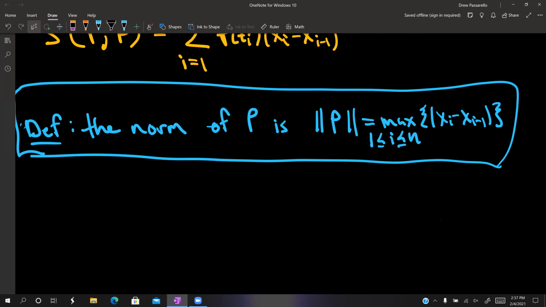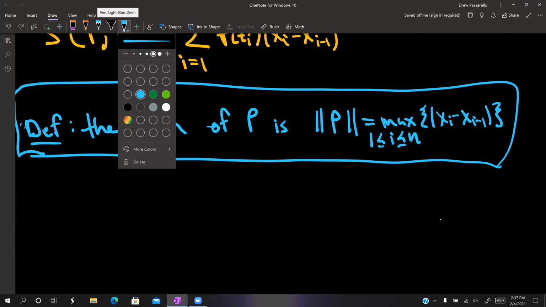So now we're going to go into the function being Riemann integrable.